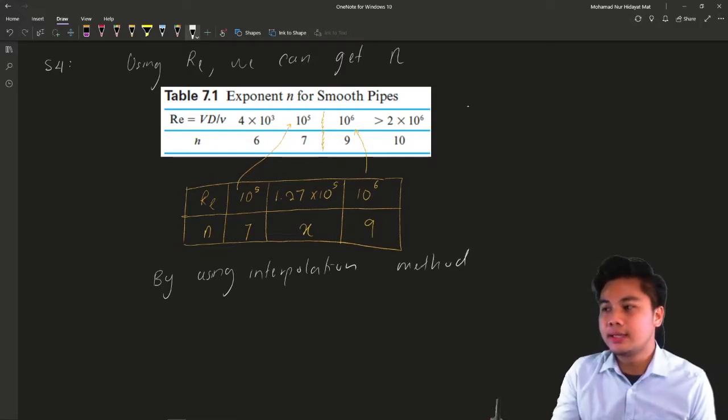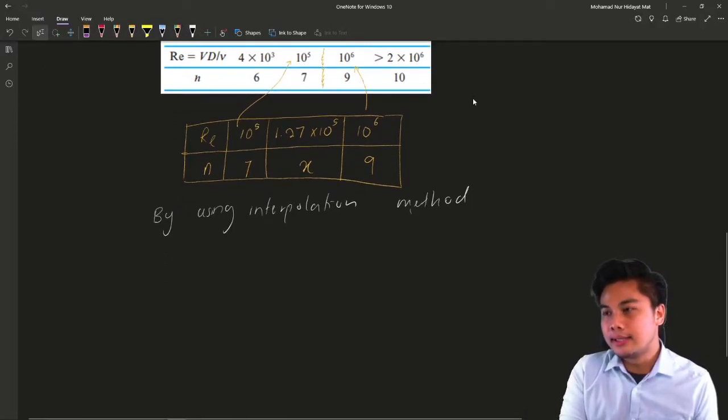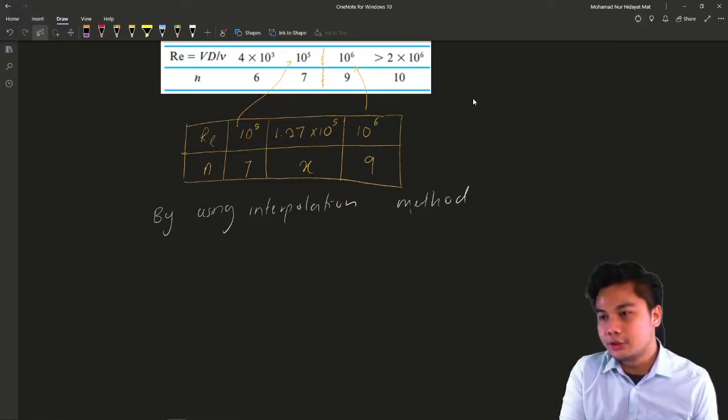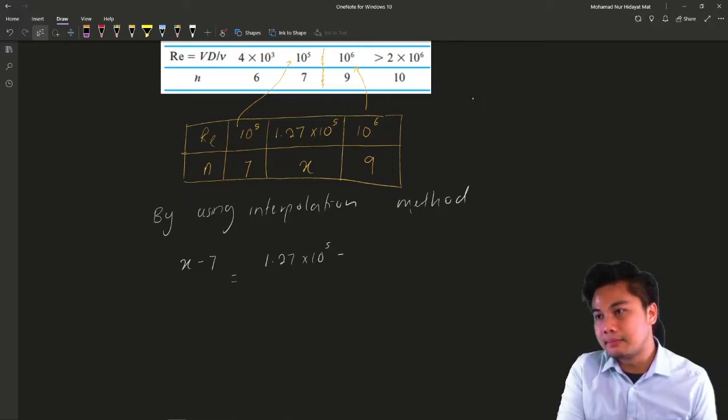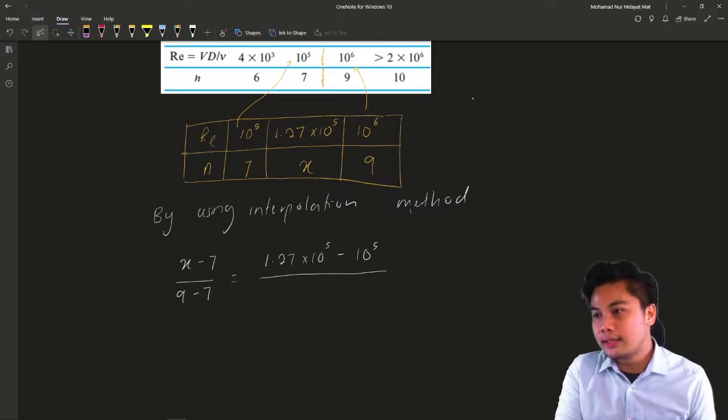Let's do the interpolation. Of course, x is more than 7, it is an increasing number. So x minus 7 over 9 minus 7 equals 1.27 times 10 to the power of 5 minus 10 to the power of 5, over 10 to the power of 6 minus 10 to the power of 5.